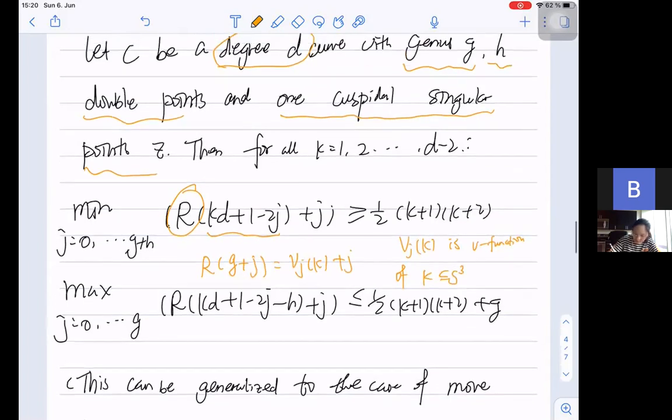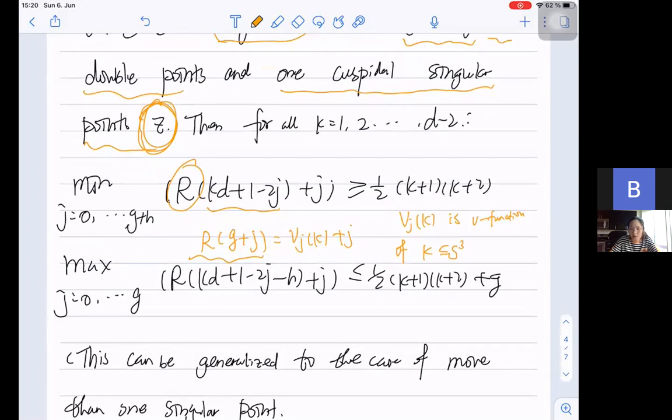This is our singular point; this is the link of the singularity, the knot from the point Z. And this R is a function determined by the V function, so it is also a knot invariant, determined just by the link of singularity K. So the way we describe our obstruction is using this R function, which is defined in terms of V.